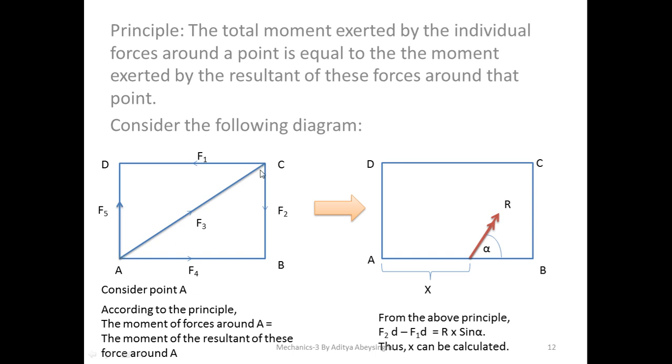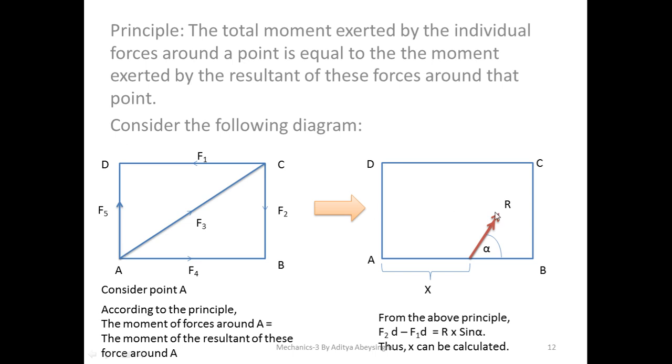Similarly, if you take a point like D, since F5 and F1 go through D, you have to ignore the effects created by those two forces. So you have to consider only F3, F4 and F2 here. You can take some points and see how the total moment of that system varies. So we can reduce this whole system, since we have found the resultant of this system to be of such a magnitude in such a direction.